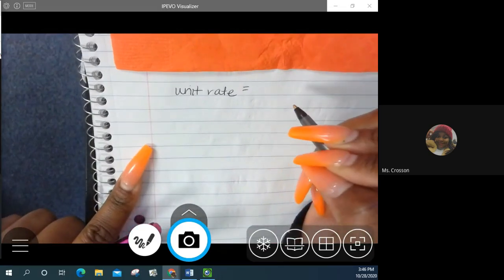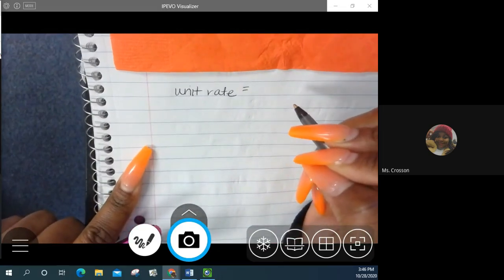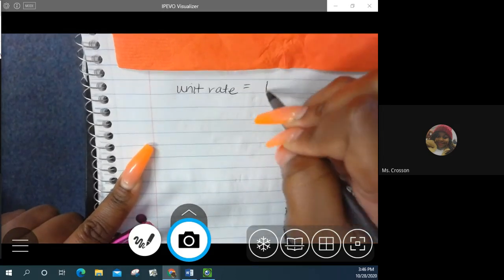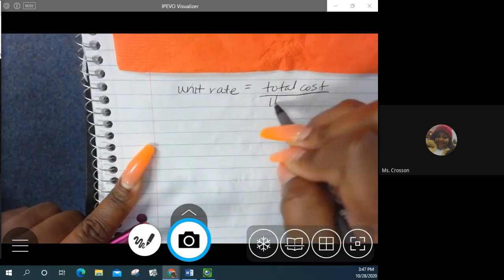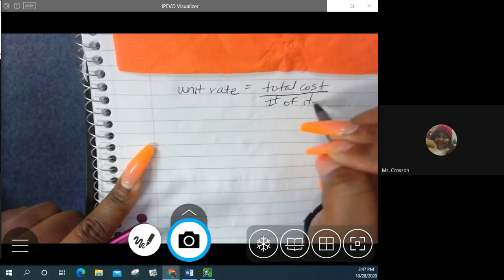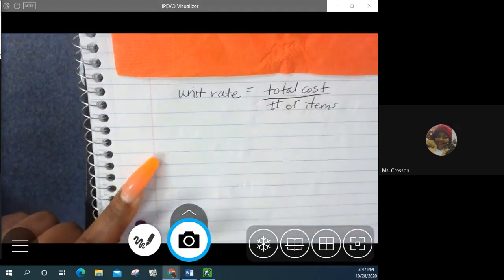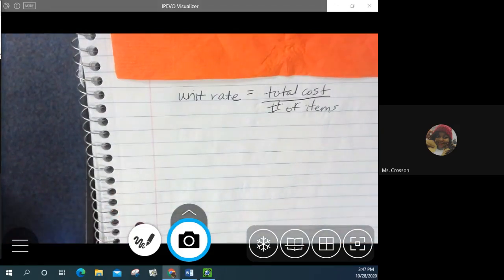The unit rate formula is total cost divided by number of items. That's what we always want to write first, because that's what we're going to follow. I'm not just going to start putting numbers on the paper. I'm going to actually follow that.